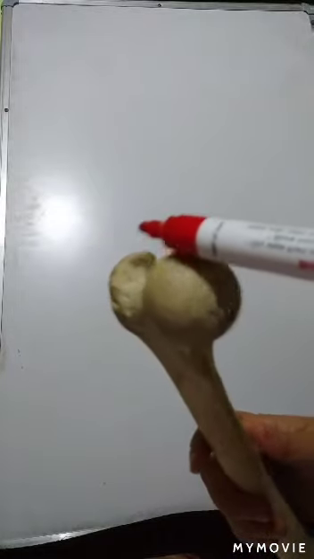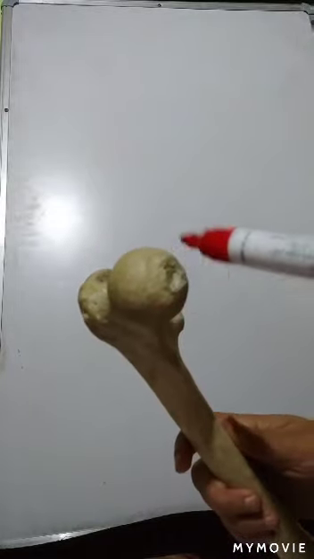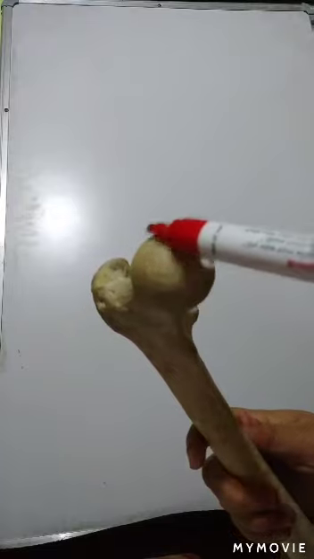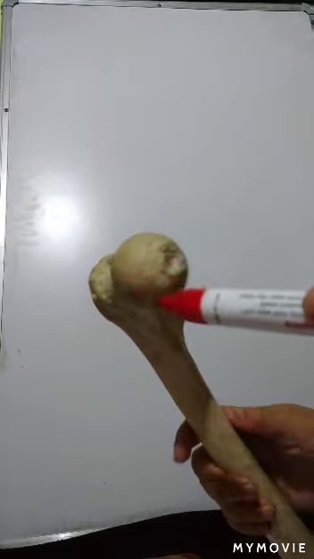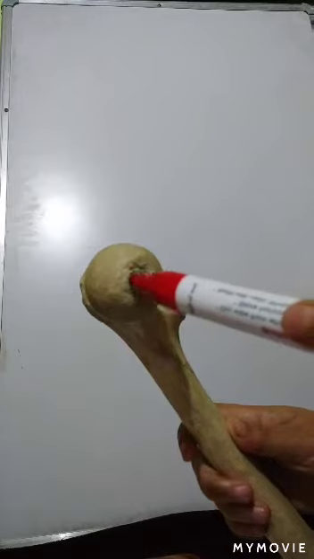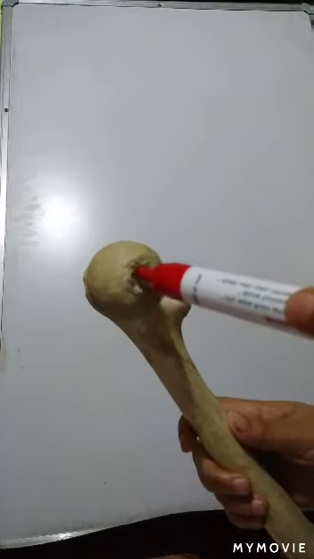The head is a rounded structure. It is approximately more than half of a sphere. It has a rough pit just behind and below the center of the circle.